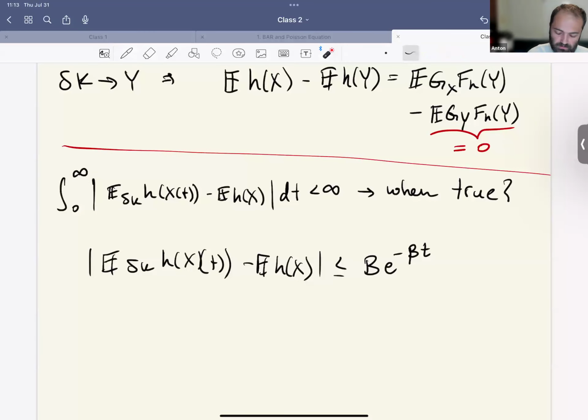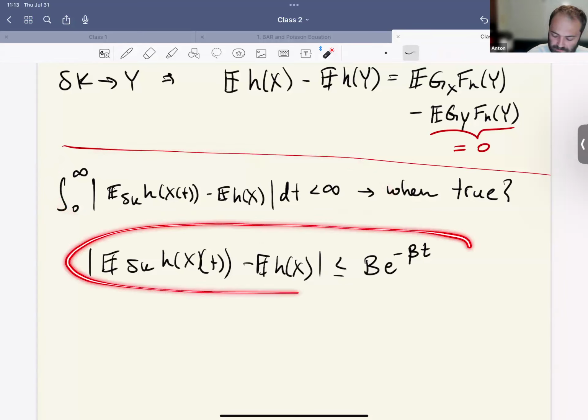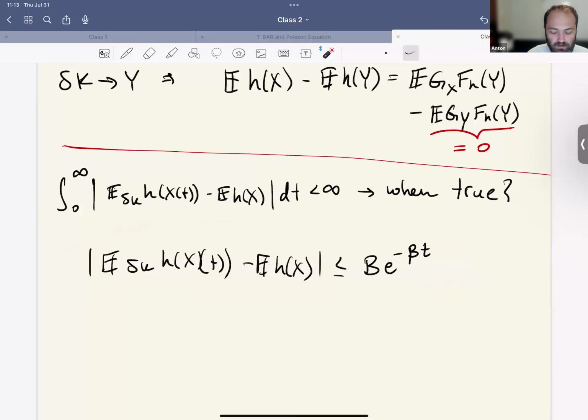Then this is true. When would we have this kind of exponential decay? Well, if the state space is countable and finite, then we have a Markov chain on a finite state space, and we know that it converges to its stationary distribution exponentially fast. So that's kind of trivial.